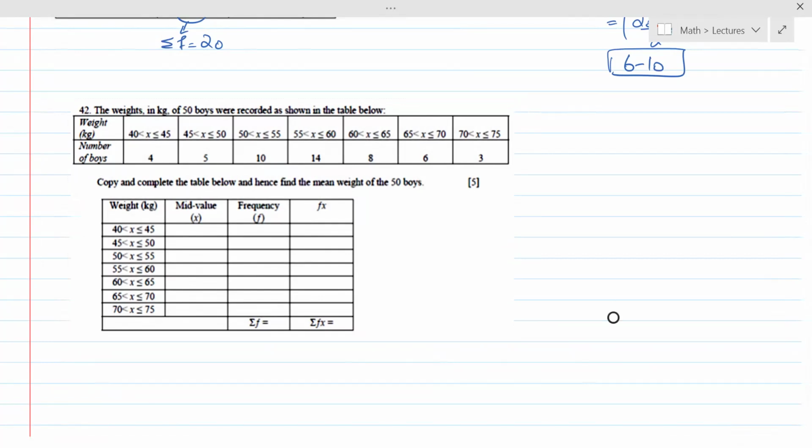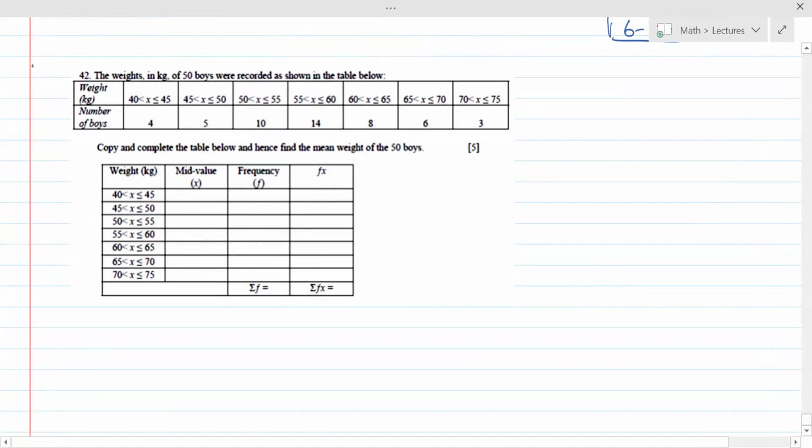Now this example is about weights in kg of 50 boys. And here, if you look, it's group data and it's also continuous group data.